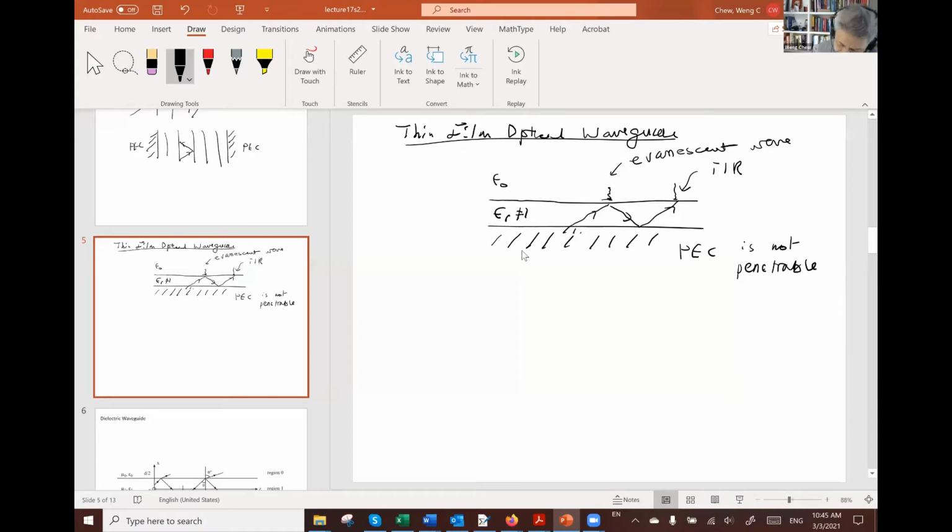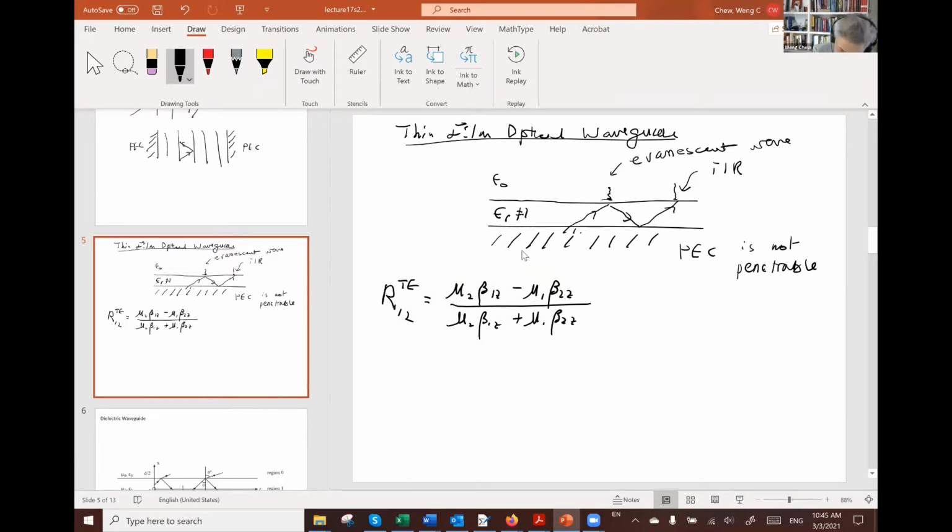You can see that from the Fresnel reflection coefficient. For instance, R TE, say I just take the 1-2 interface between two regions, the way we have derived it is mu2 beta 1z minus mu1 beta 2z over mu2 beta 1z plus mu1 beta 2z.